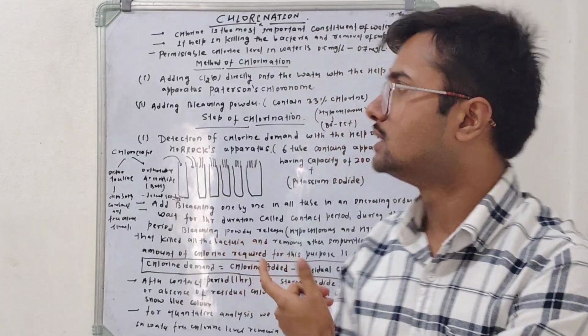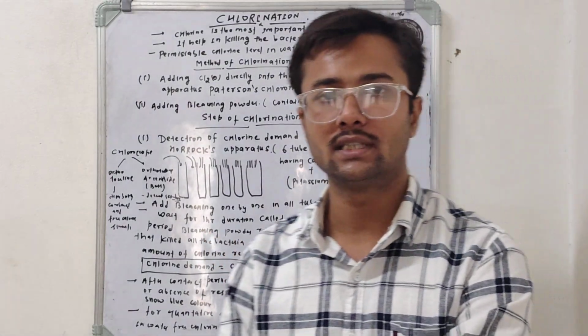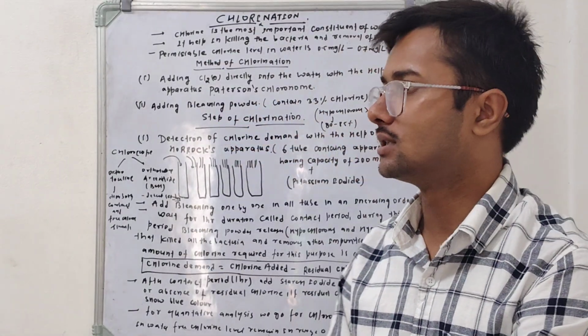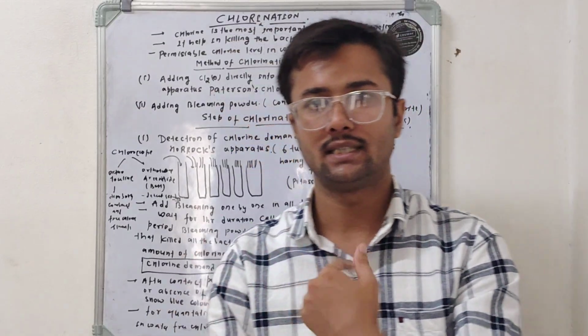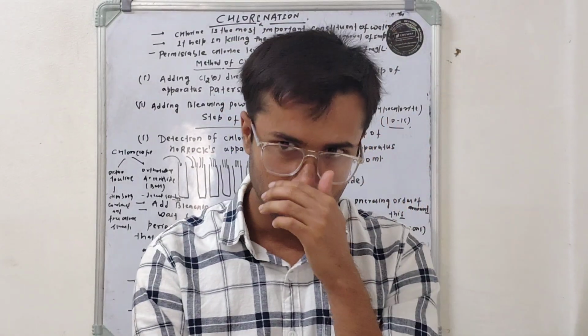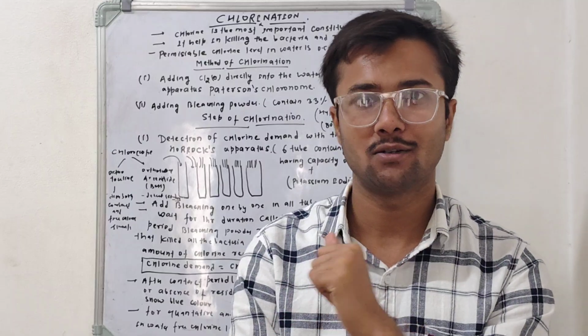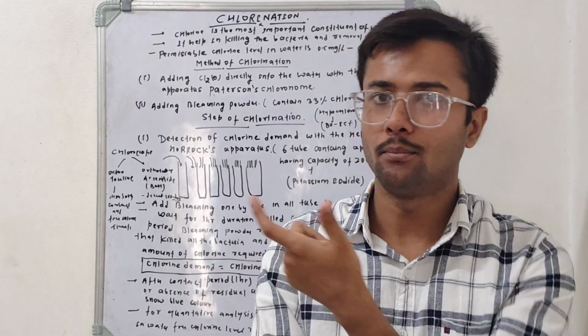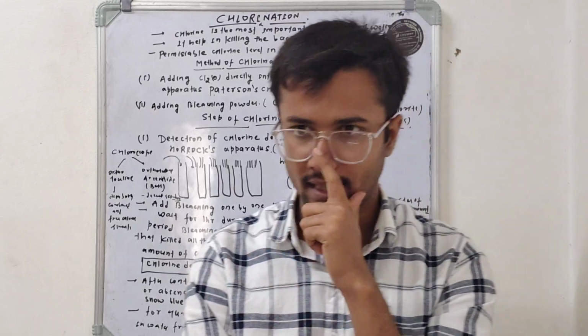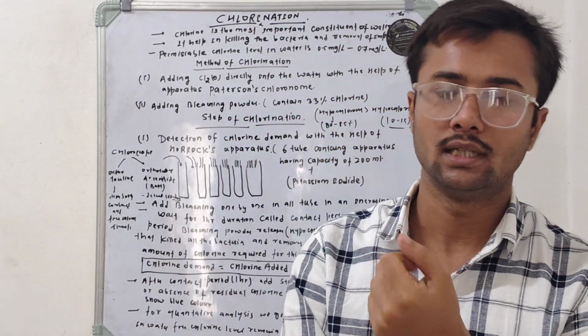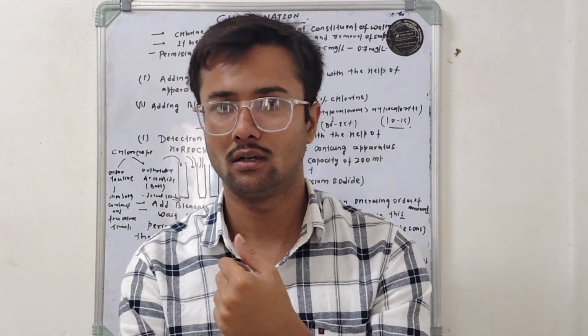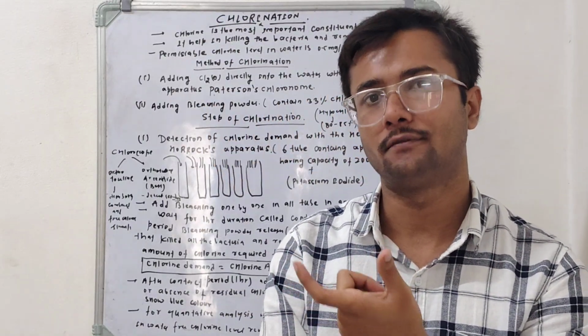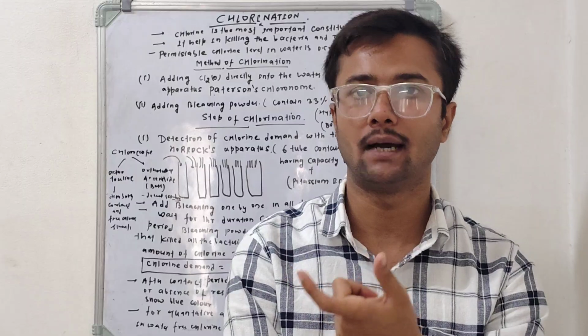Here on the board you can see that we are going to discuss chlorination. What is the meaning of chlorination? Chlorination means simply the addition of chlorine or chlorine compounds in water. What is the permissible level of chlorine in water? The permissible level of chlorine in water is 0.5 to 0.7 milligram per liter.